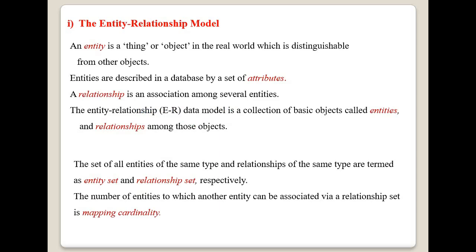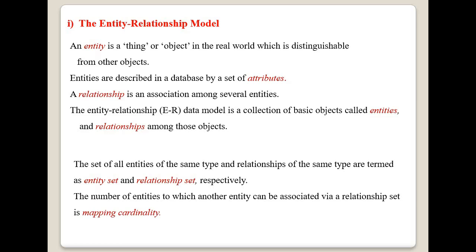First, the entity relationship model, shortly called the ER model. An entity is a thing or object in the real world which is distinguishable from other objects. Entities are described in a database by a set of attributes. A relationship is an association among several entities.